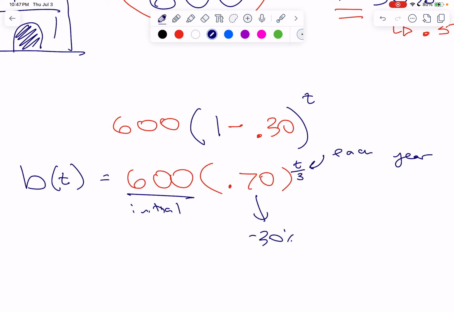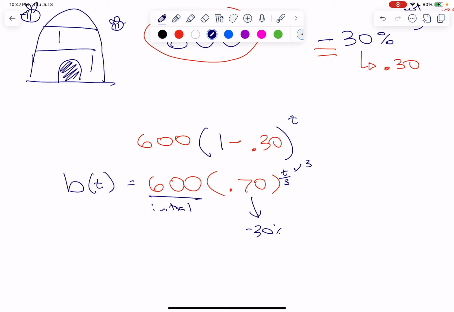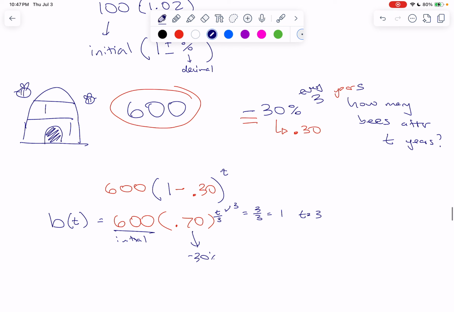So that way, when I input a 3, my exponent results in 1. So when my T is 3, that makes my exponent 3 over 3, which is 1, meaning my decrease will only happen one time when my T is 3, in 3 years. So that it happens one time every 3 years, which is what we're looking for here.